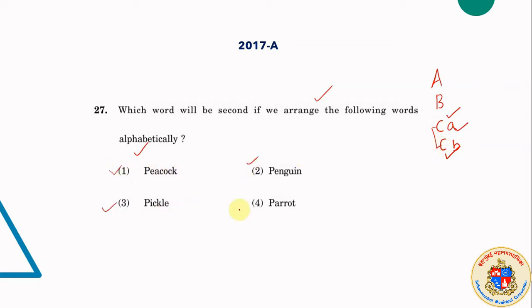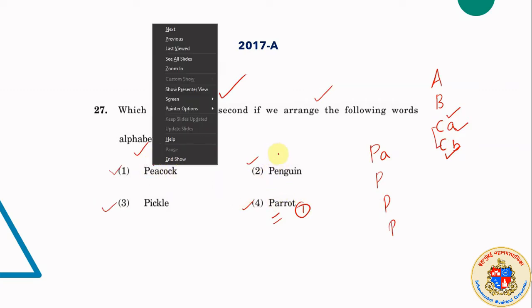We'll get into that directly. All the words are starting with P. So which one will we put first? We will put the word which is starting with A. Is there any word? Yes, there is a word. This will be coming first. The question is which is the second one? Our answering will end there. So A एक ही है. Then we have E here.